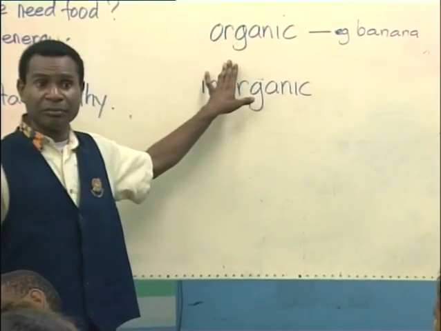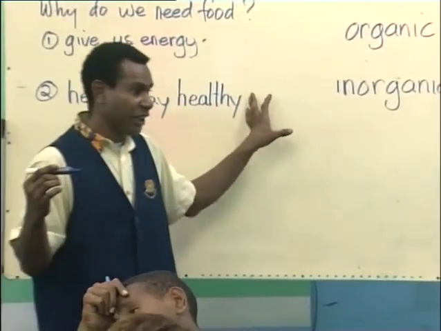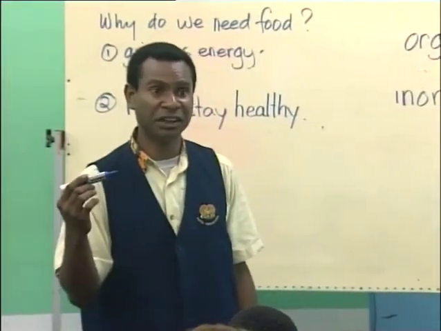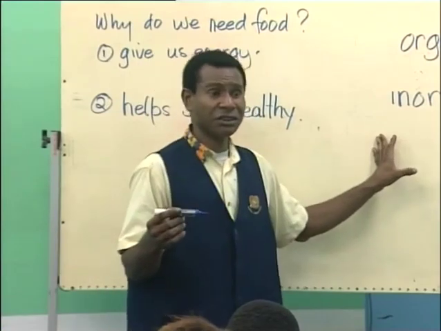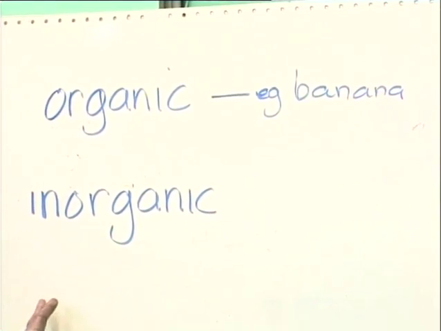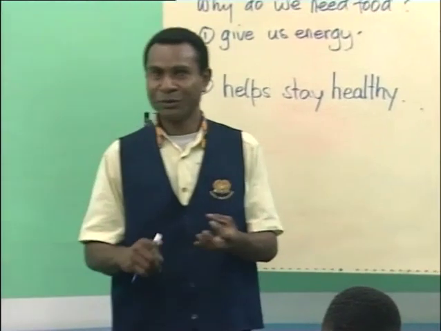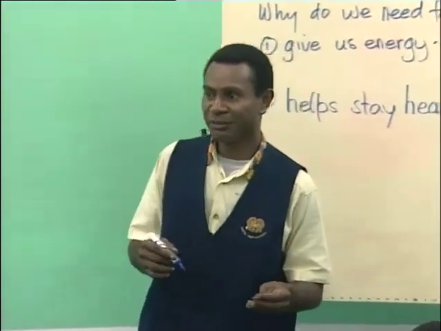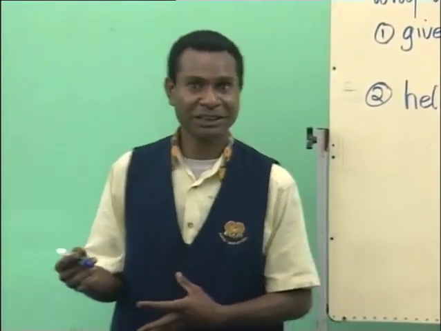Not only banana, but all other living organisms contain the black stuff that we found by burning that food. While salt is inorganic, it does not contain that black stuff. Salt and even water do not show black stuff when we burn them. But any other organisms that we are living that are burnt give us that black stuff.